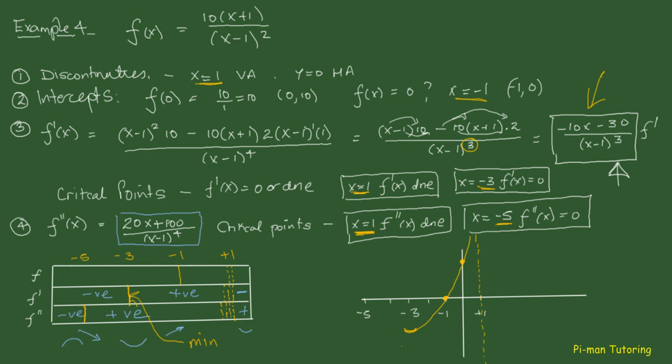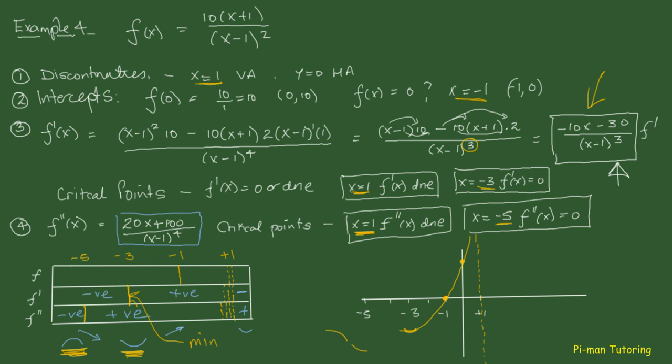Now, what's happening at negative 5? We have negative curvature turning into positive curvature. And that means we have the conditions for an inflection point. So at negative 5, our curvature has to change from the negative direction to the positive direction.